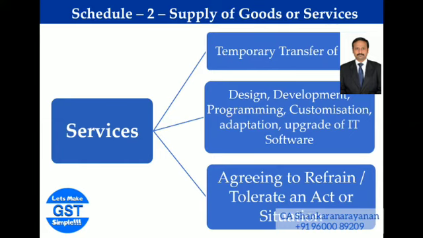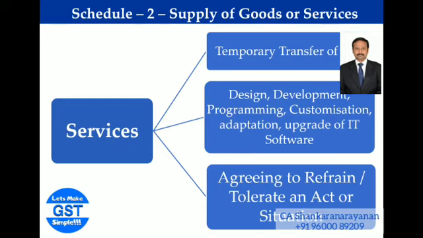The next one, which is considered to be supply of service, is design, development, programming, customization, adaptation, upgrading, anything that is done in relation to an information technology software. Sir, I am buying a software which is readily available in a CD. It's goods. But I am telling them the design, they are designing it according to my requirement, or they are developing a software according to my requirement. They are doing a customization to the standard product. Then it is considered to be a supply of service.